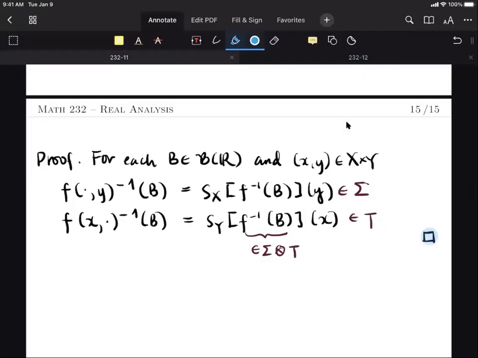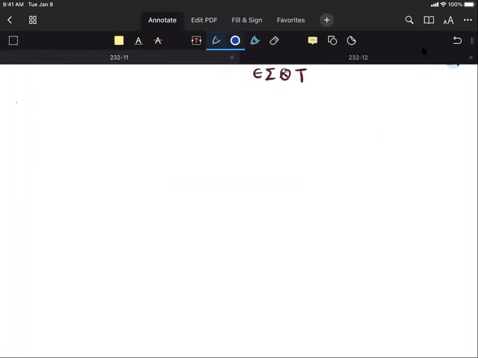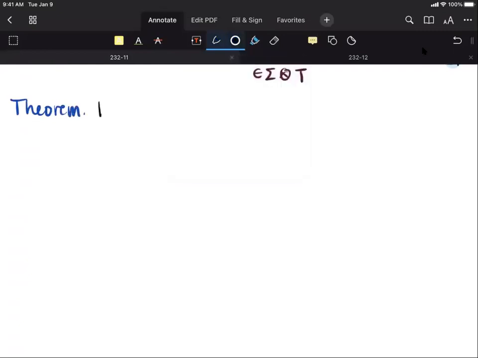Let us now consider an additional assumption that the sigma algebras or the measure spaces are sigma finite. And we look at the compositions of the sections with respect to the given measures. So for this, we have the following theorem. So consider two sigma finite measure spaces.